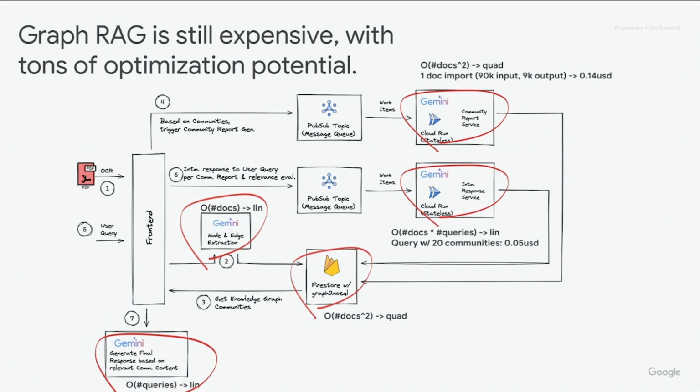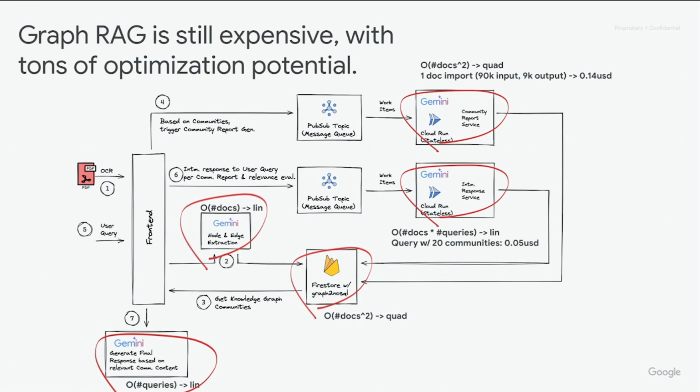So I have Pub/Sub as a messaging queue. Once the document is uploaded, and I have the communities for community report generation, I know, okay, these are the communities that need to be generated. I just send a Pub/Sub message from the front end, from the client, to my Pub/Sub queue that then has a stateless worker connected to it that does the work in parallel. So I at least don't have the latency of concurrent processing here.